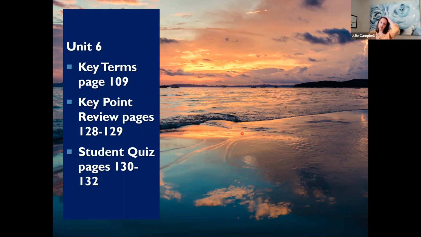And then your student quiz, page 130. There is a quiz in the Unit 6 material in the online learning system. And then, as I mentioned, there's that Q&A brochure on subdivisions and streets. Again, nothing in the online learning system is required. Everything there is just to help you enhance your knowledge, help you to wrap your brain around it.